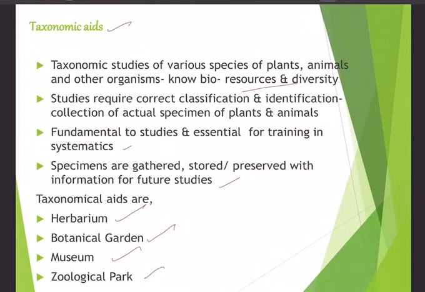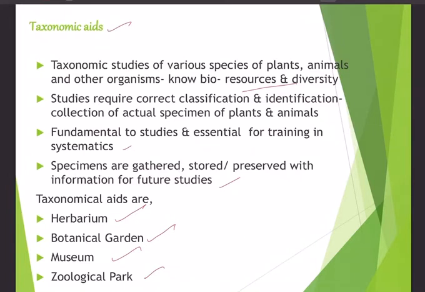We also said that in order to have clarity on taxonomy, that is classification of organisms, we require the help of certain taxonomical aids such as herbarium, botanical garden, museum, zoological park.